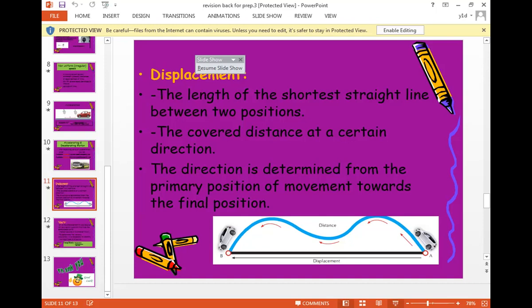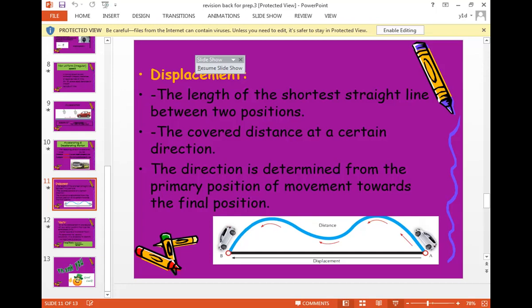It means that from the first point A to B, we calculate the total distance. This is the zigzag motion, that's right. But when we calculate the displacement, we calculate the straight line. We will study it later, inshallah. Also, we need to know the difference between speed and velocity.